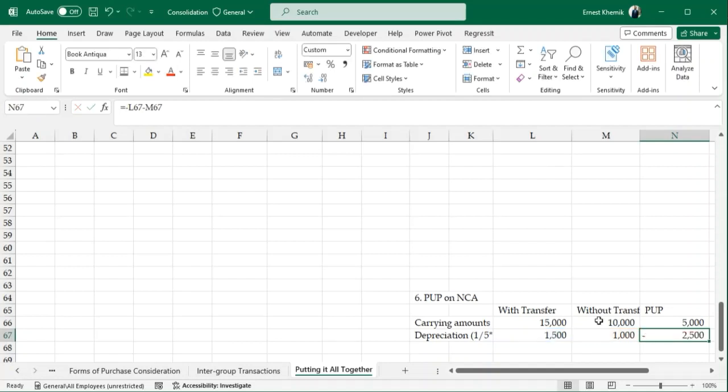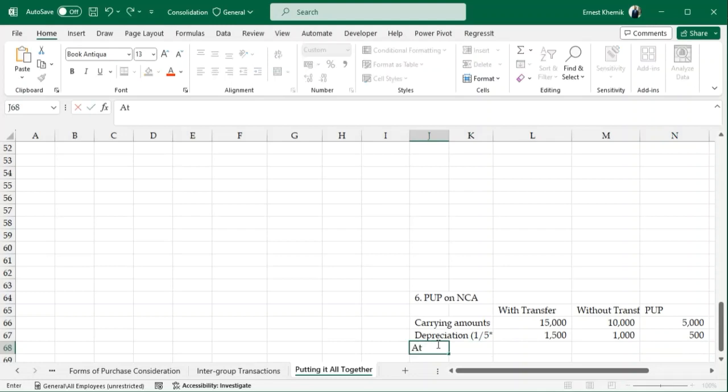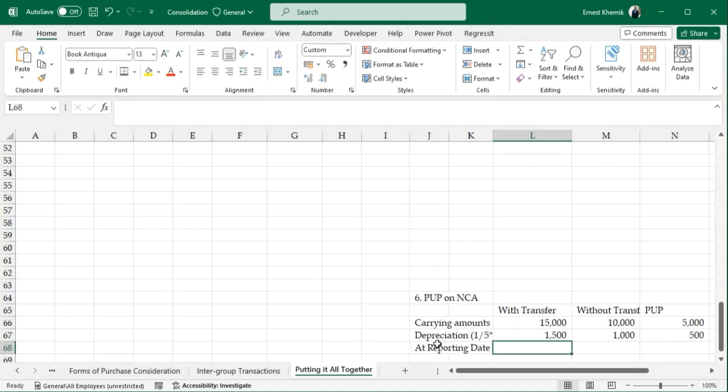Okay, so I can't actually do that here. So it's supposed to be a minus figure, so that at the reporting date, we will have this amount here.